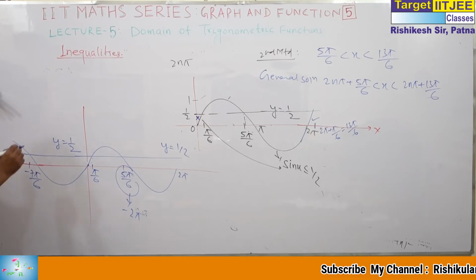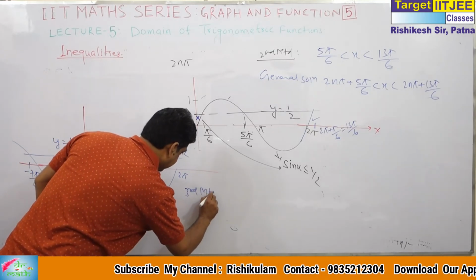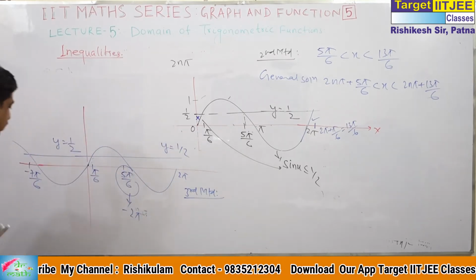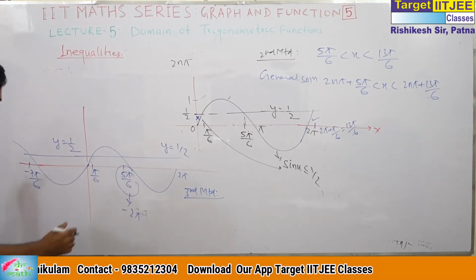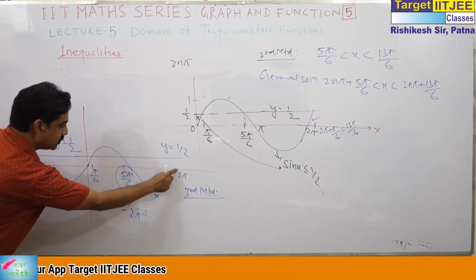So, what will be the third method? The third method suggests that instead of this, now we are taking this. Actually, this portion shifts here.